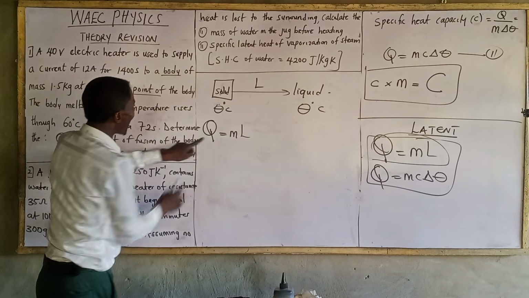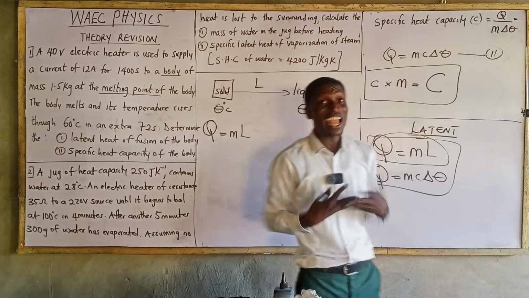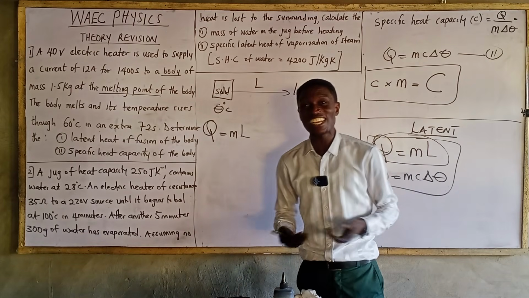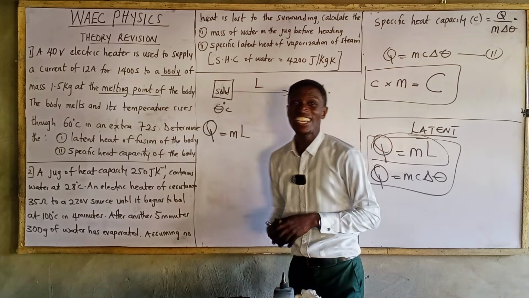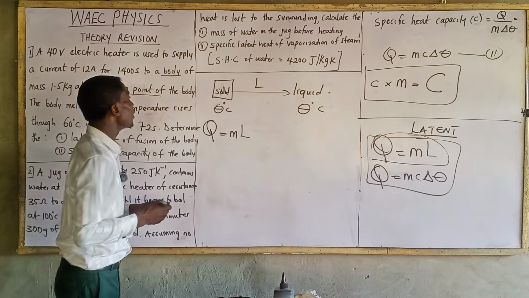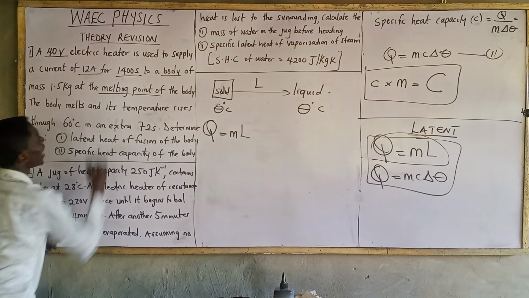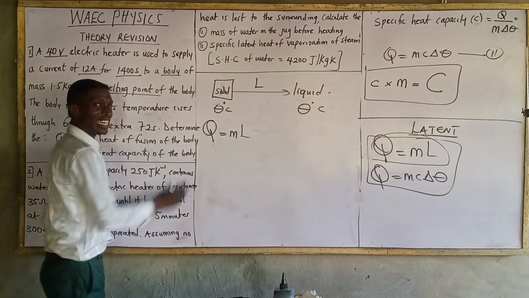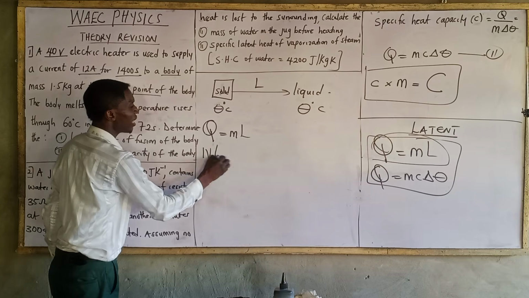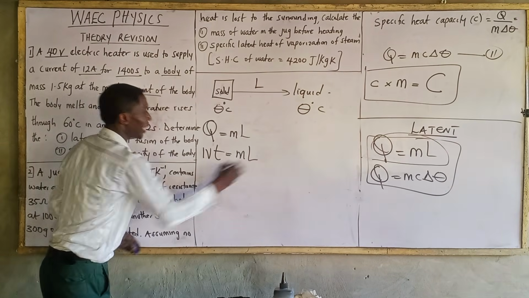The energy can be potential energy, kinetic energy, electrical energy, mechanical energy, however the form. Here we're dealing with electrical energy, and we know that in electrical energy, the energy is current times voltage times time, which is equal to mL also.